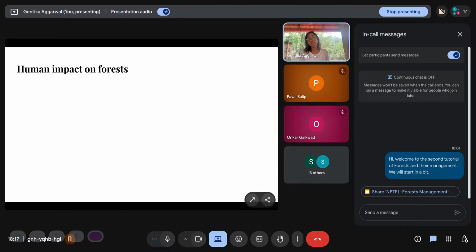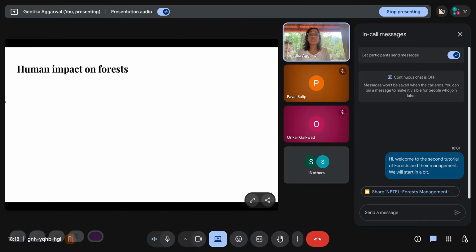You can unmute yourself or you can type it out in the chat box. Okay, I thought that was a pretty basic question, but anyway, moving on.